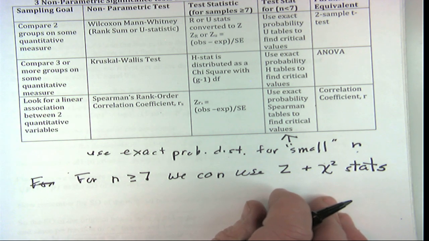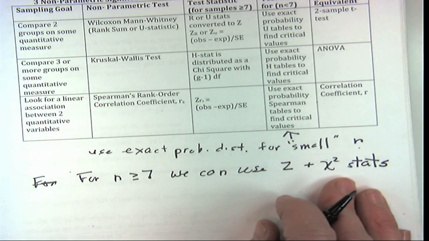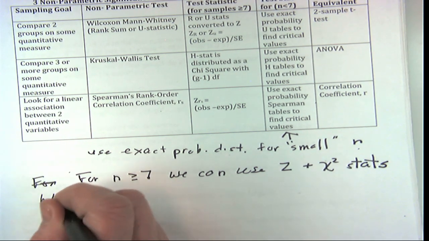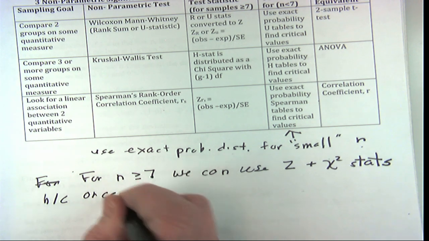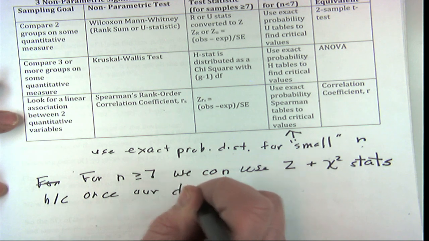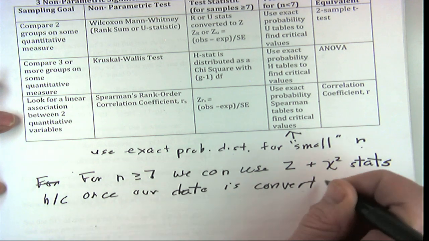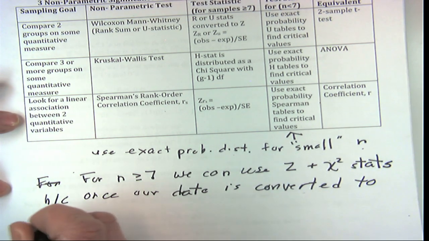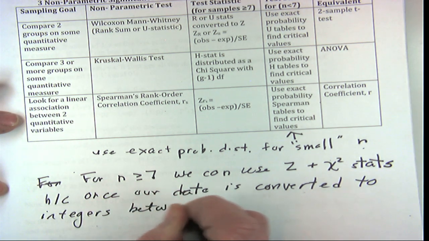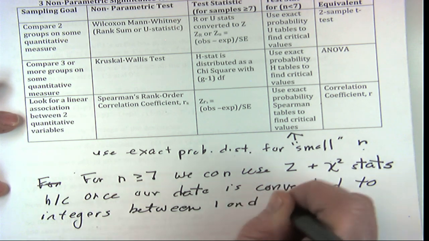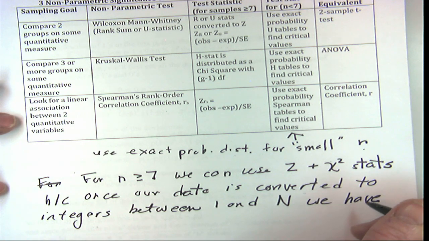We know the standard deviations. We have the numbers. So for n greater, we can use z and chi-square tests because, why? Once our data, which can be completely wild data, is converted to integers between 1 and n, we have a very nice distribution, an even distribution, a uniform distribution.